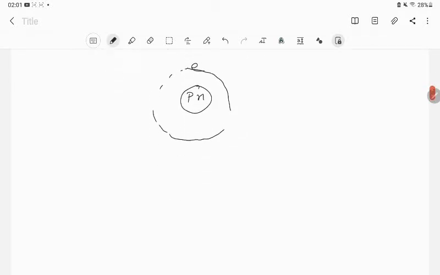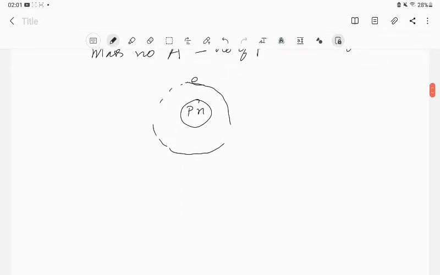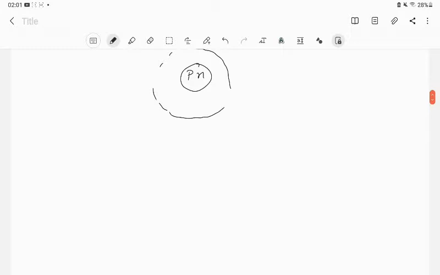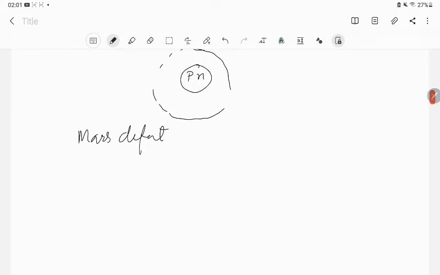Now the first topic is mass defect. Before that, what is the mass of a proton?